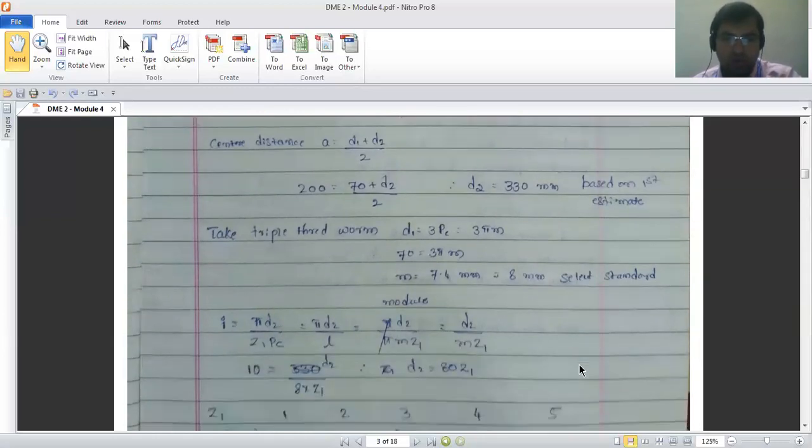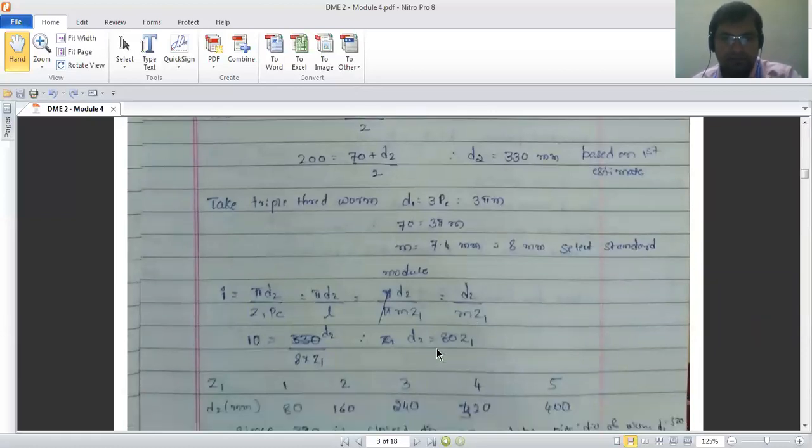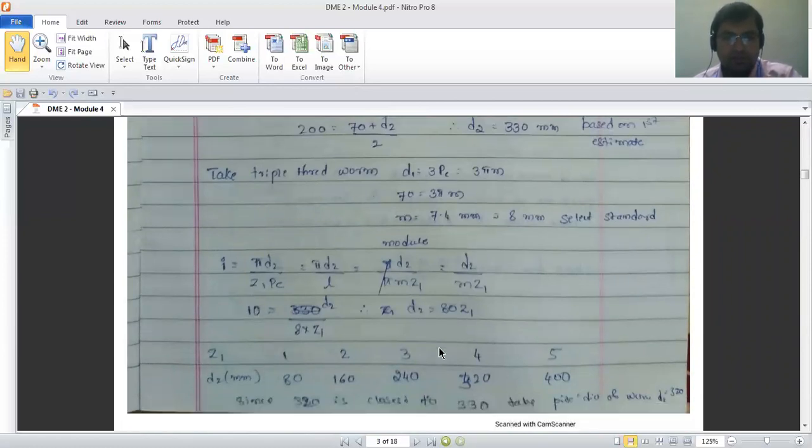With this module, again we are going to calculate the relation between Z1 and D2. As we all know, transmission ratio i is represented as pi D2 by Z1 PC, or pi D2 by L, or D2 by m Z1, because L is replaced by pi m Z1.